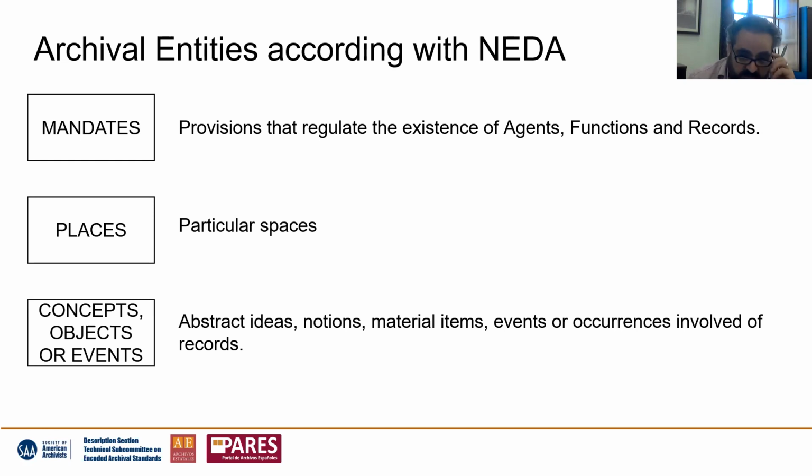For these 3 entities, the NEDA standards do not offer any list of attributes like the first ones, but they offer the possibility of developing your own descriptions or using controlled vocabularies if you want to manage them.